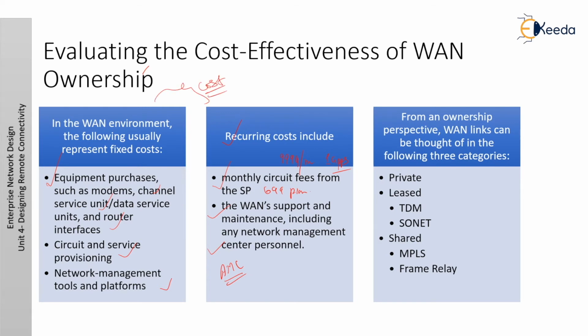Now let us see what are the different types of WANs. From an ownership perspective, WAN links can be thought of in the private category, lease category, or shared category. A private WAN uses a private transmission system to connect distant LANs.